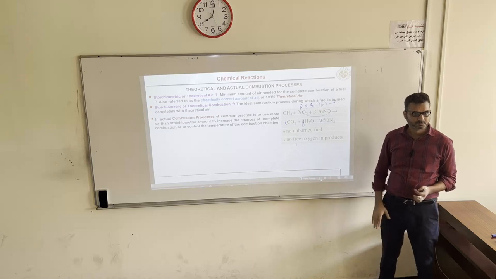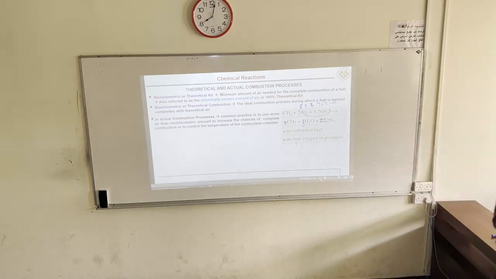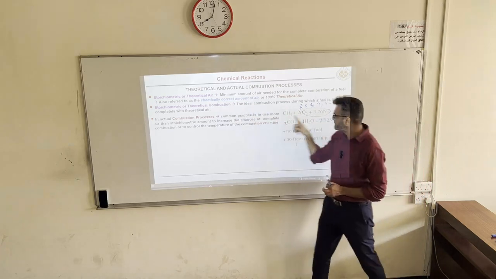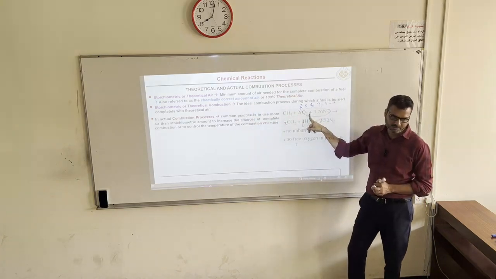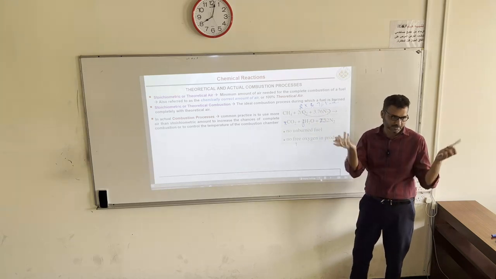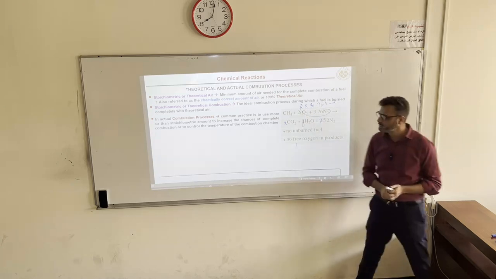Both the theoretical and the actual are called combustion, because in both you are getting heat. But in reality, you will not be supplying exactly this amount, because there are so many other variables which you cannot predict. So to avoid these, you send more air than that.